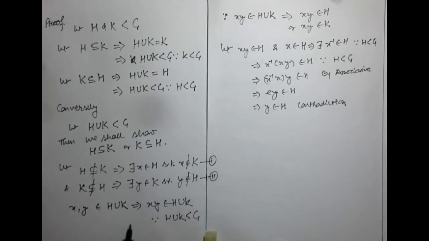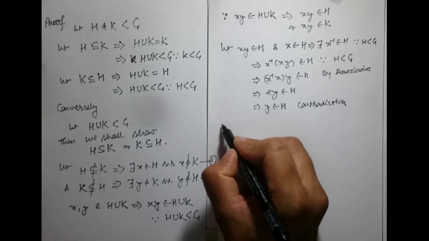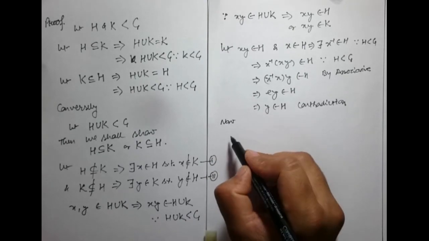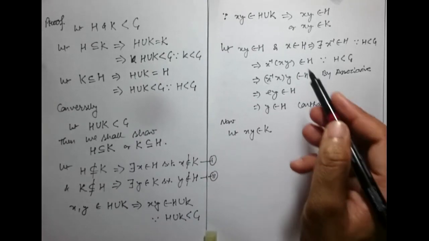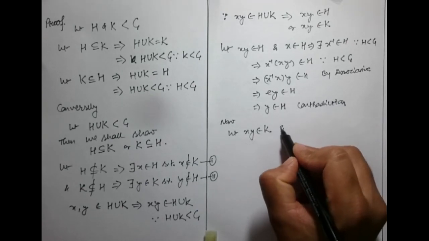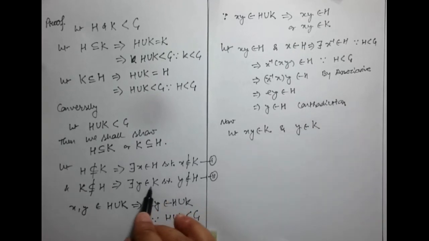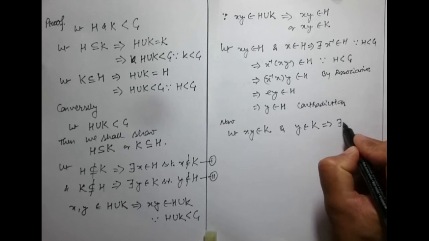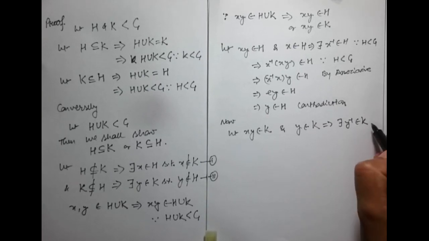So our assumption is wrong. Now again, let xy belong to K, now for K, and y belongs to K from 2. It implies there exists y inverse belongs to K. Why?